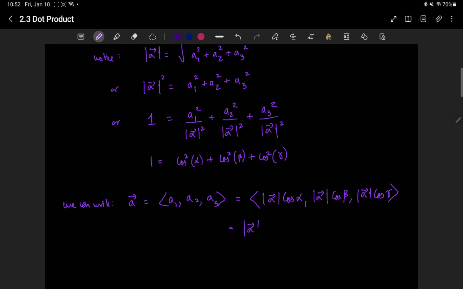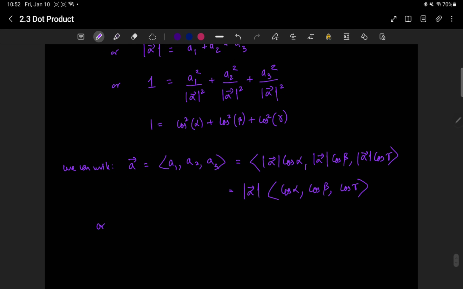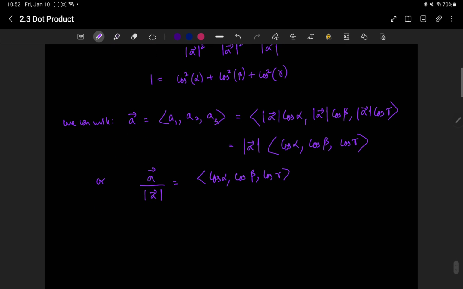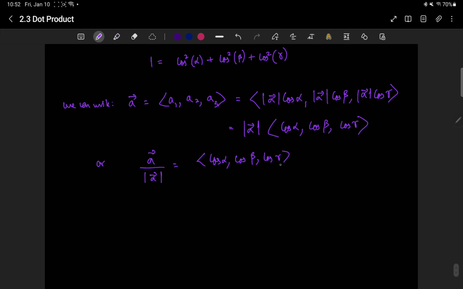So this is magnitude of A times cosine alpha, cosine beta, cosine gamma. Or the vector A divided by its magnitude gives us exactly the cosine values, which are called the direction cosines.